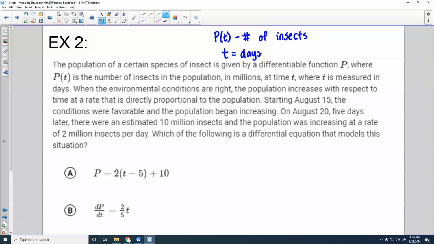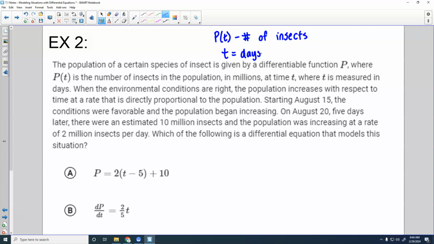When the environmental conditions are right, the population increases with respect to time at a rate that is directly proportional to the population. Starting August 15th, the conditions were favorable and the population began increasing. On August 20th, 5 days later, there was an estimated 10 million insects, and the population was increasing at a rate of 2 million insects per day. Which of the following is a differential equation that models this situation?